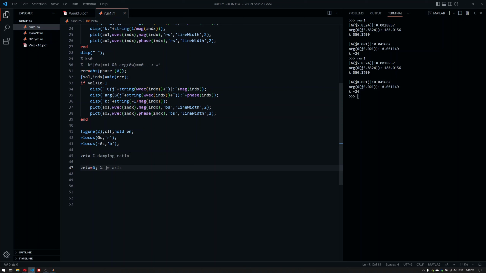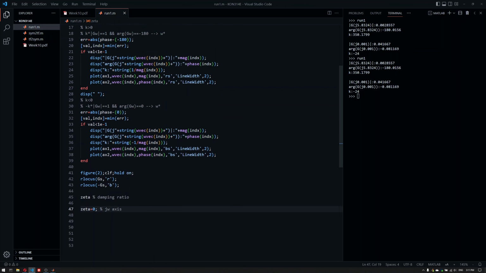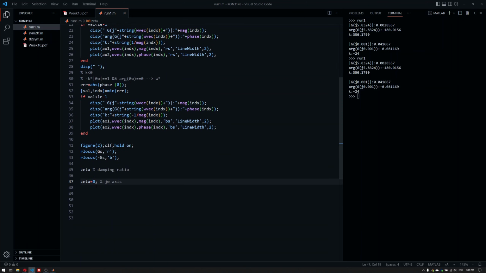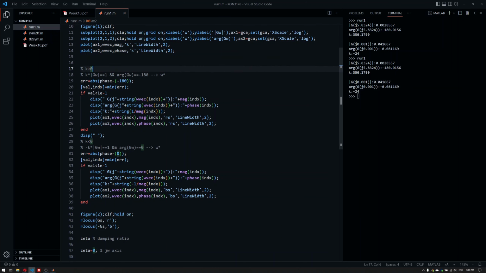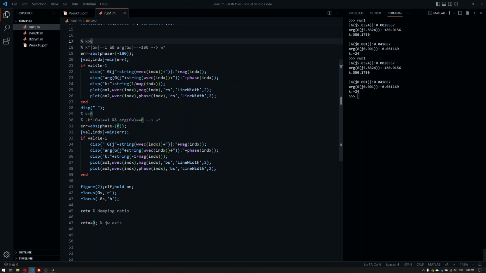And in the first part, we have actually determined zeta equals 0. Let's go with the positive root locus here, or the positive gain for our controller. And we actually have determined 350. We know that this value will correspond to zeta equals 0.